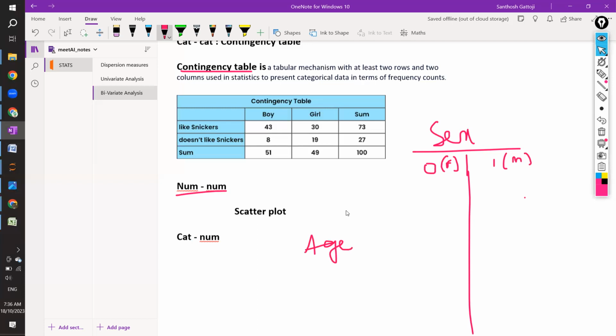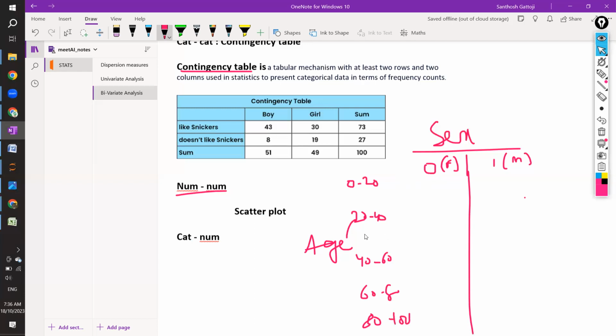Age can be anything: 0 to 20, 20 to 40, 40 to 60, 60 to 80, 80 to 100.